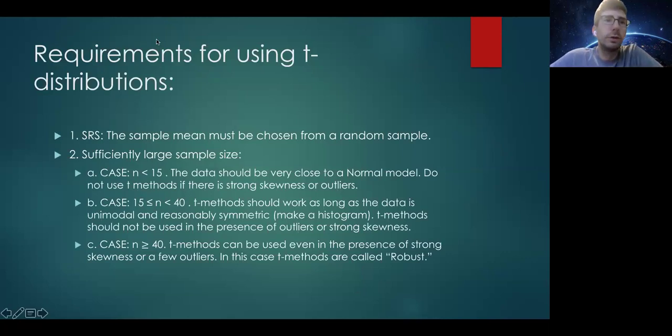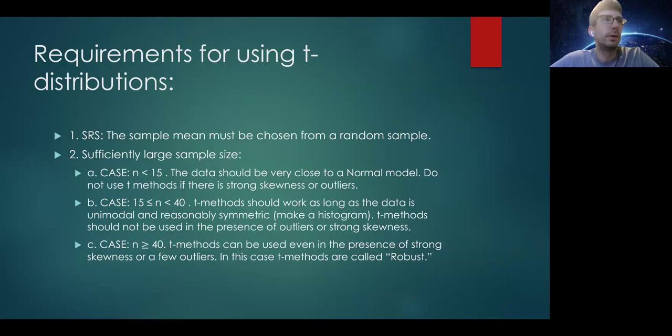So we have some requirements for using the t-distribution. We have to have obtained our data from a simple random sample. The sample mean specifically must come from a simple random sample. We need a sufficiently large sample size, and there's a couple different cases here.